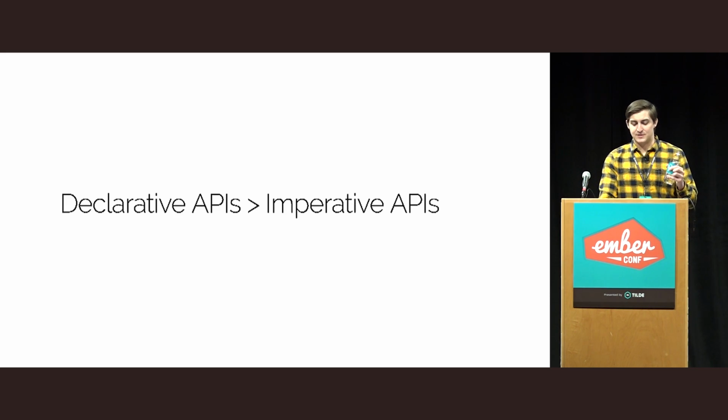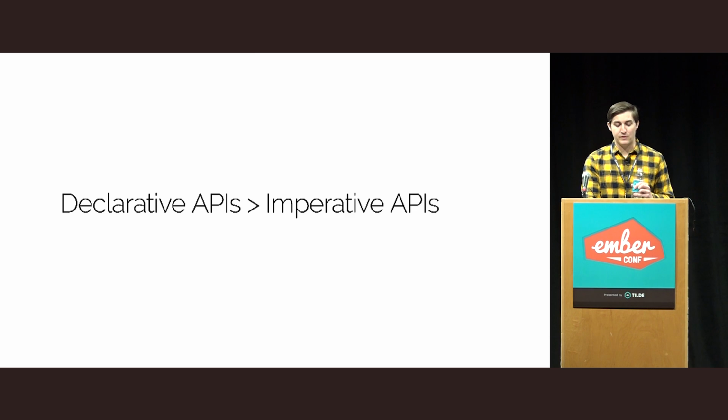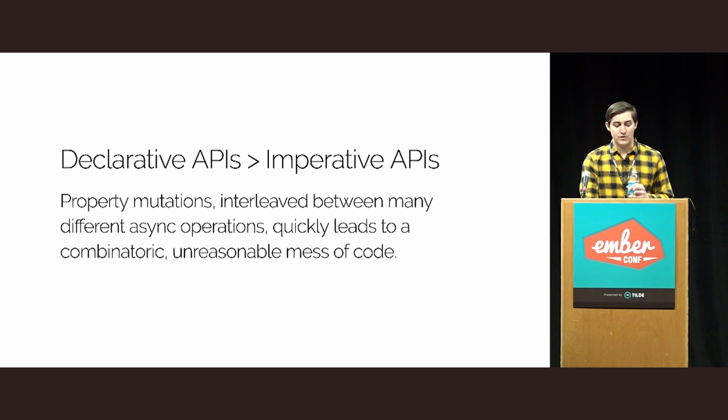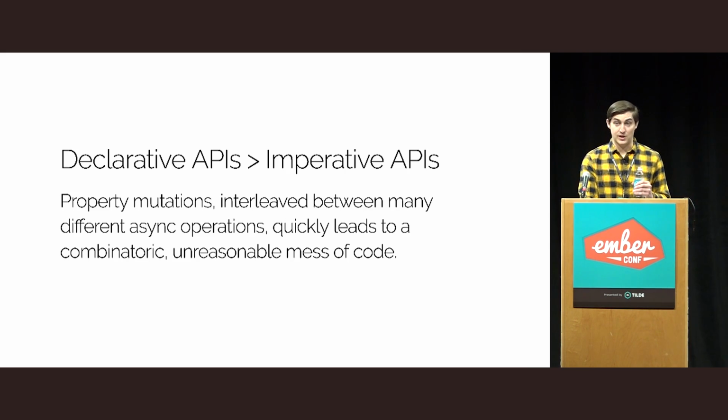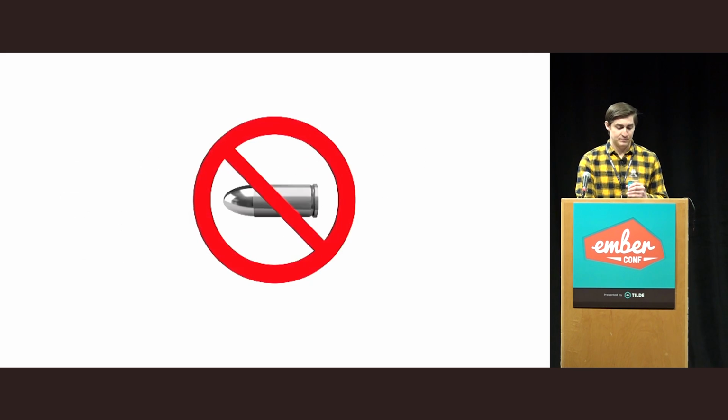So in general, this is just the idea that you should prefer declarative APIs over imperative APIs. Because property mutations, particularly when interleaved with a bunch of async operations happening at the same time, quickly lead to a combinatoric, unreasonable mess of code that is going to be error prone and really hard to change and evolve over time.